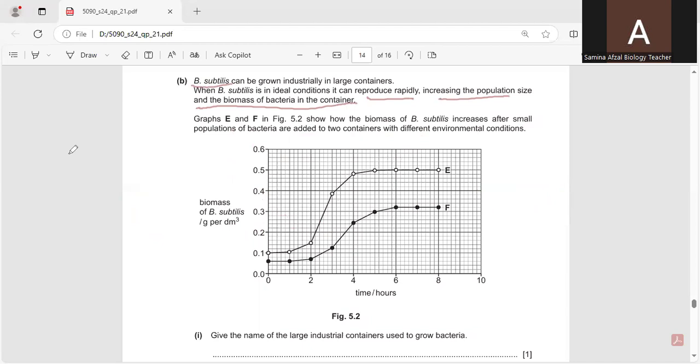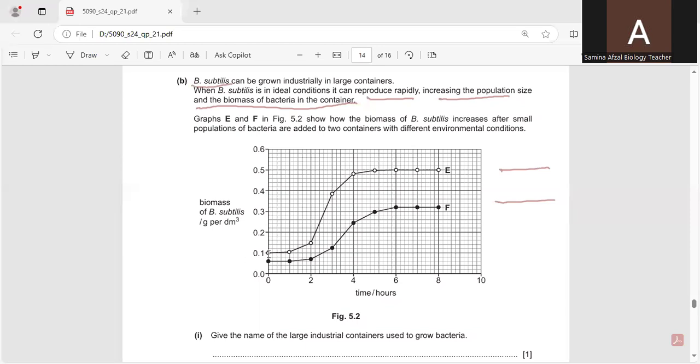Graph E and F, two graphs are shown over here. Figure 5.2 shows how the biomass of B. subtilis increases after small populations of bacteria are added to two containers with different environmental conditions.